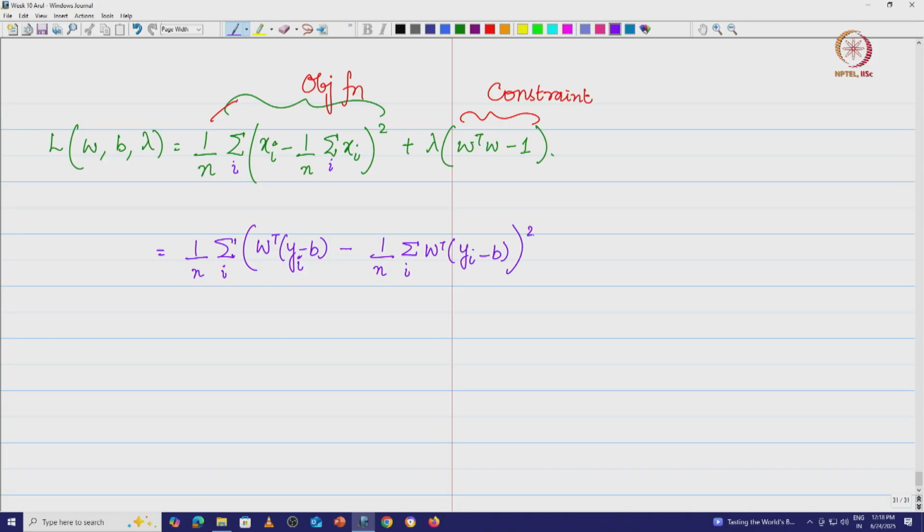This is what I have, plus of course my constraint will still remain, w transpose w minus 1, right.